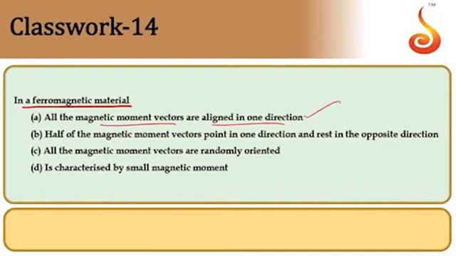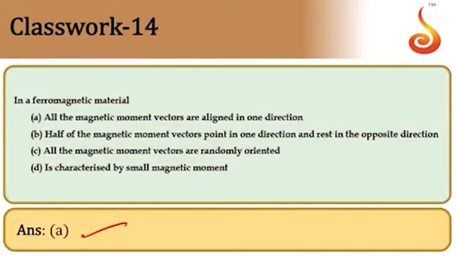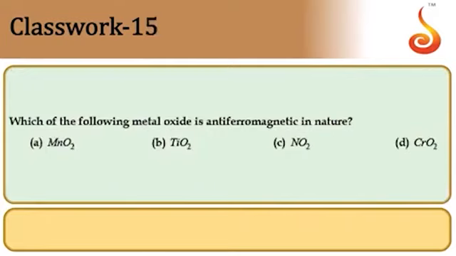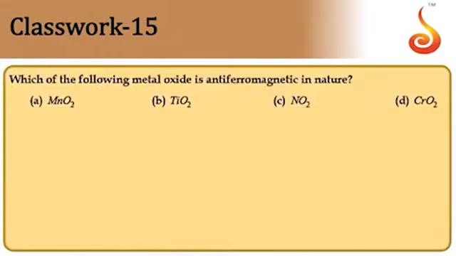So A is the correct answer. Then, which of the following metal oxides is an anti-ferromagnetic substance? These examples we need to remember. So MnO2 is an example of an anti-ferromagnetic substance. This we have done, questions from solid state chemistry.